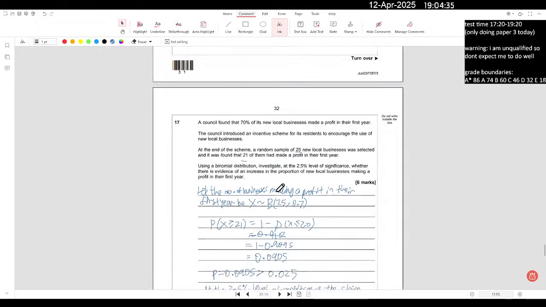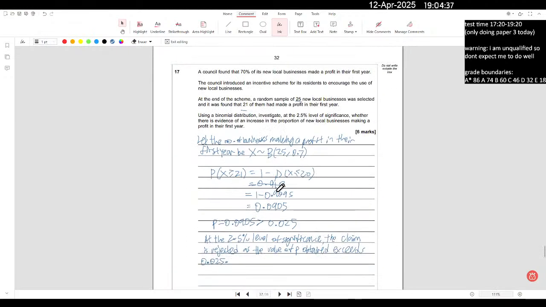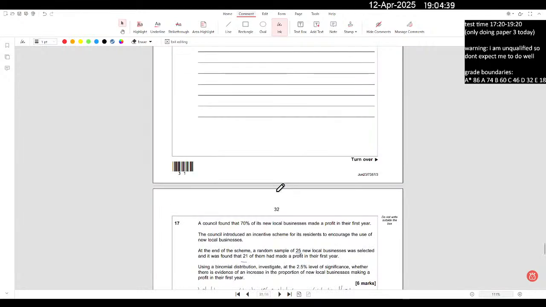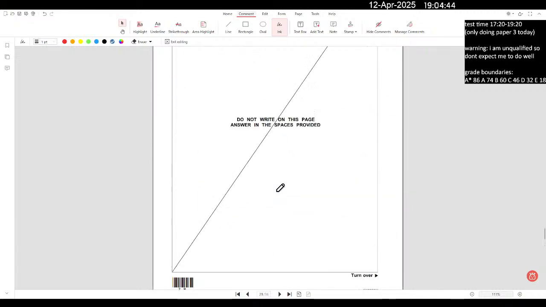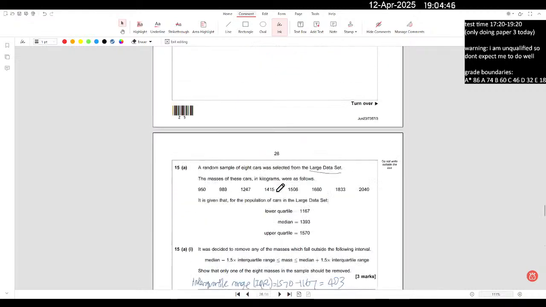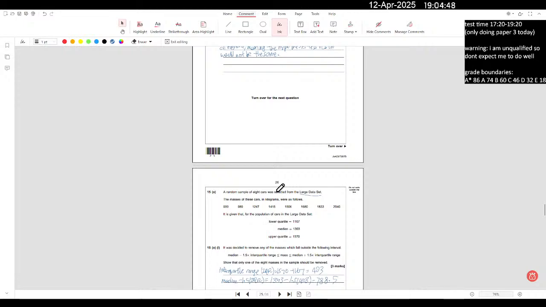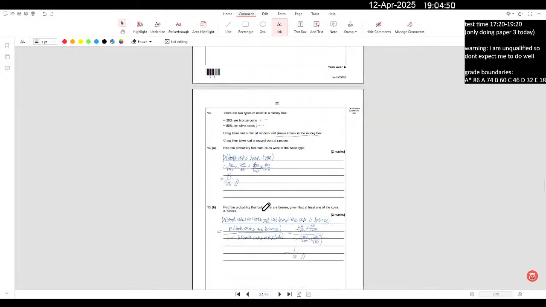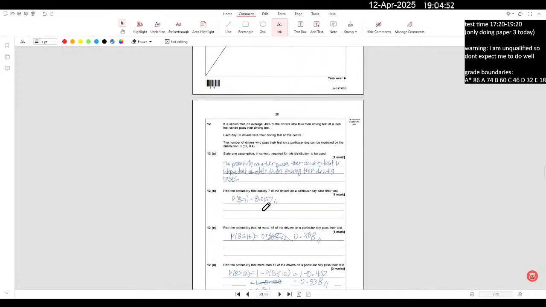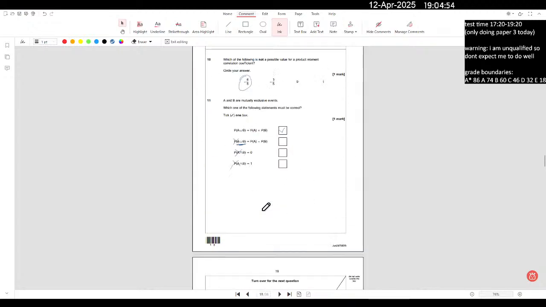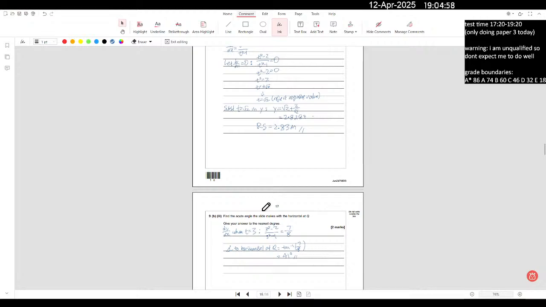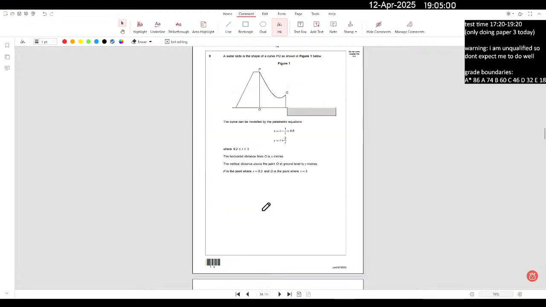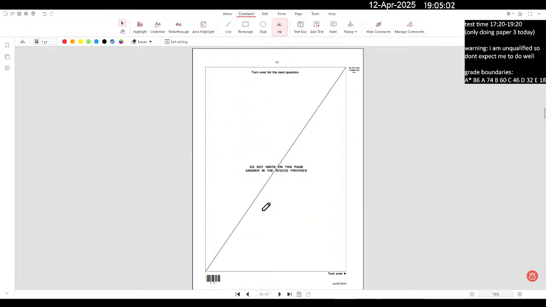I've never seen how to do this. I don't do stats, so I'm just completely bewildered. The past 50 minutes trying to do statistics has been horrible because I'm failing to do this completely.